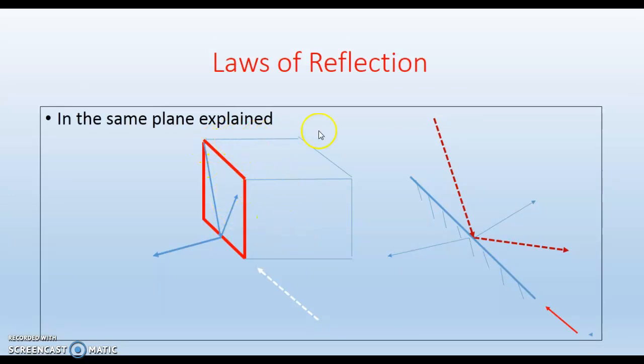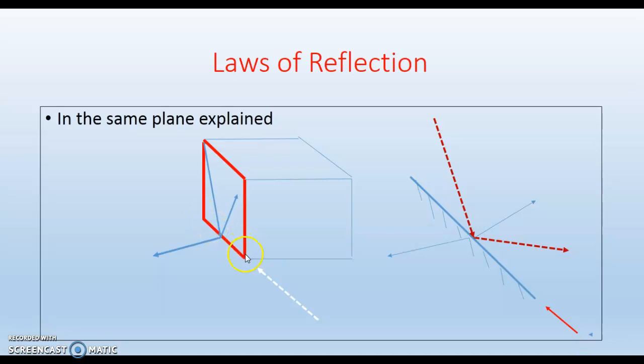We have 3 surfaces, surface 1, surface 2, surface 3. We can also say we have three planes. The first plane is on top here, this side here is also another plane, and this side here is also another plane.